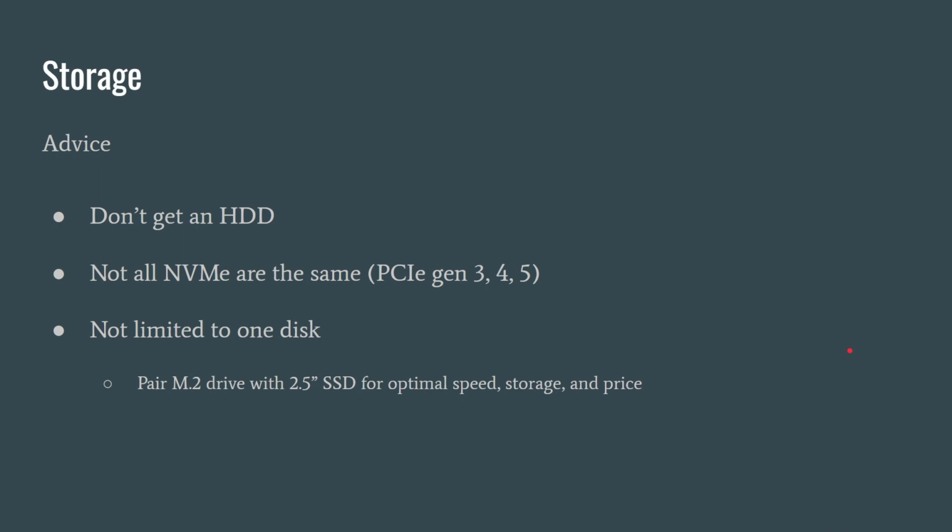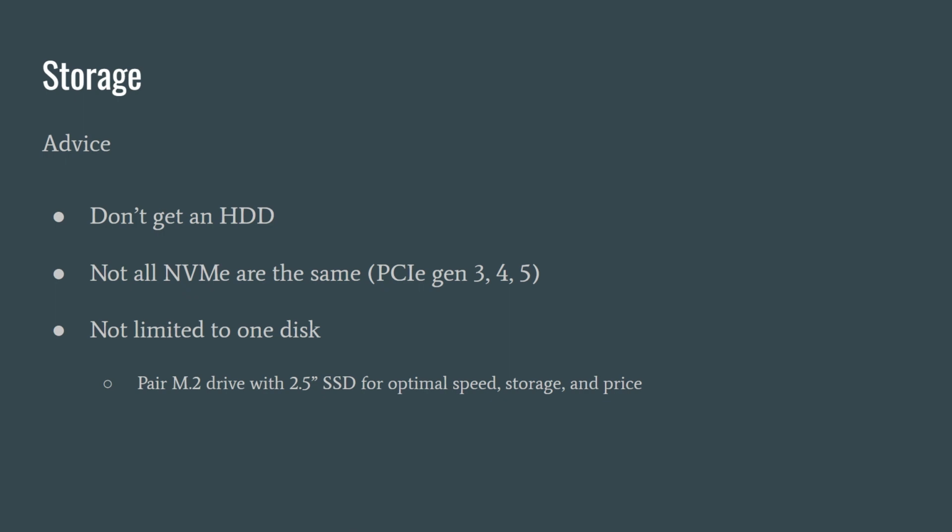For example, on the device I'm recording on right now, I have one 500 gigabyte M.2 stick, which is really fast, and I put my operating system on that one and all my fundamental applications. Then I have a terabyte 2.5 inch SSD that's really large, but not super fast, and I connect that through SATA.